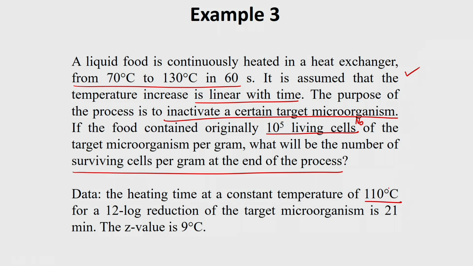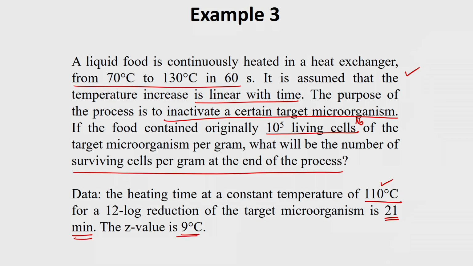The temperature treatment is given, and the data is the heating time at a constant temperature of 110. So, as I mentioned in the previous problem, it need not always be 120 degree centigrade and 10 degree Z value. It depends upon the temperature, right. So, here the reference condition is given as 110 degree. For a 12 log reduction of the target microorganism it is 21 minutes, right, and the Z value for the corresponding data is 9 degree centigrade.